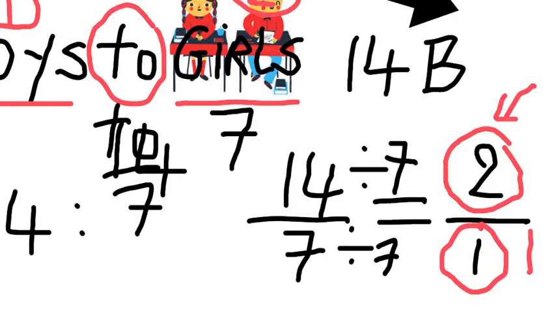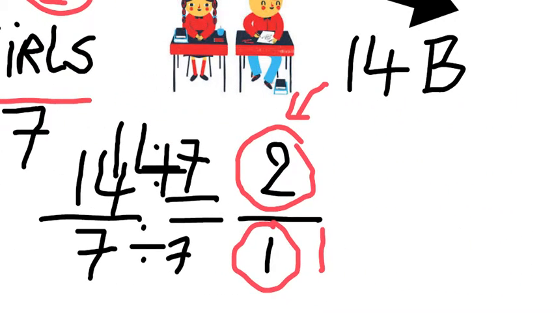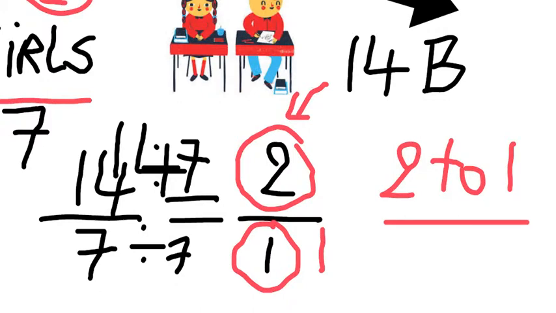And here is how you write it. 2 to 1. Okay? So first of all, see the order in which the words come in, then replace those words with numbers, and write the numbers as a fraction, and then simplify, and you get to this. What does this mean?